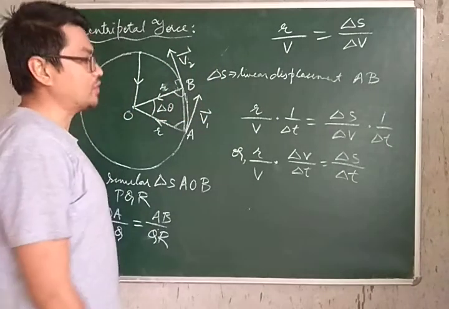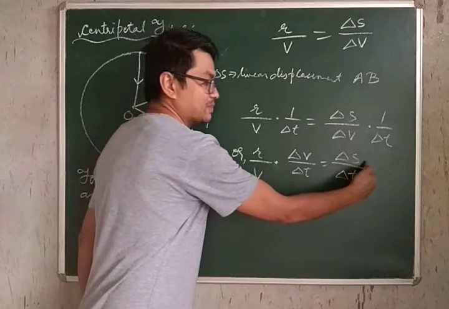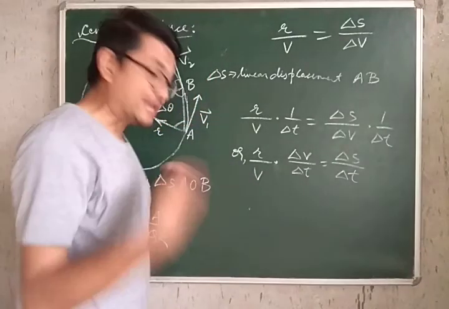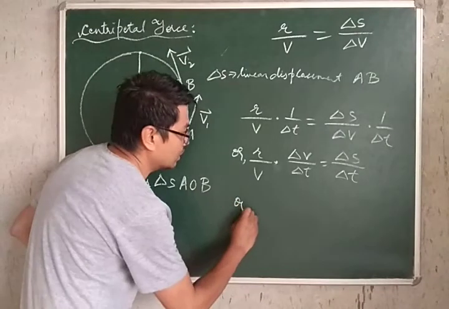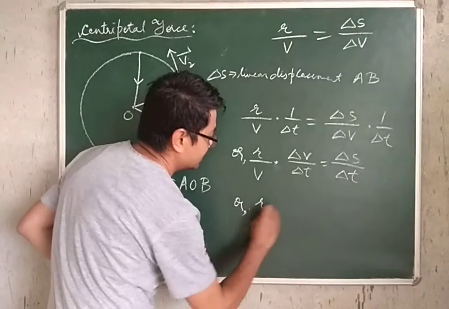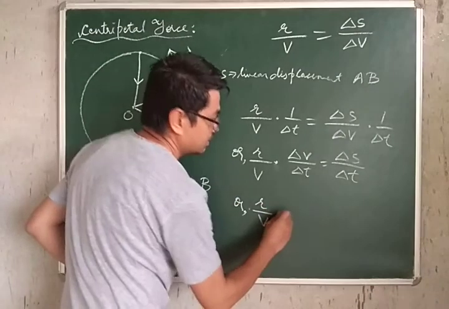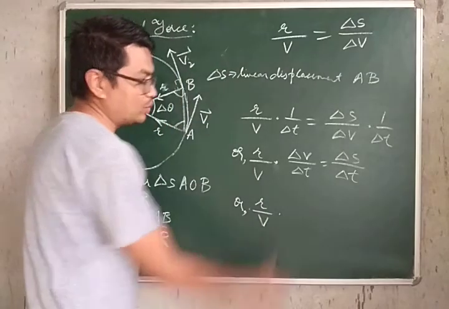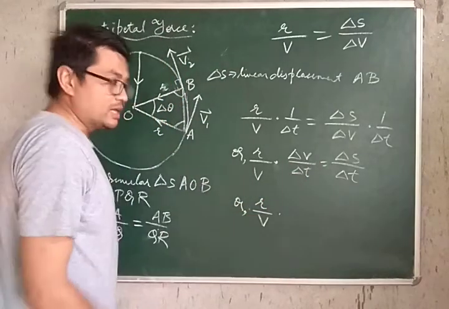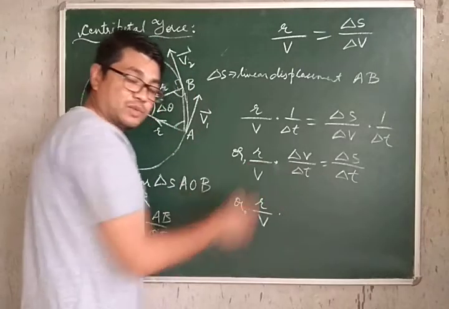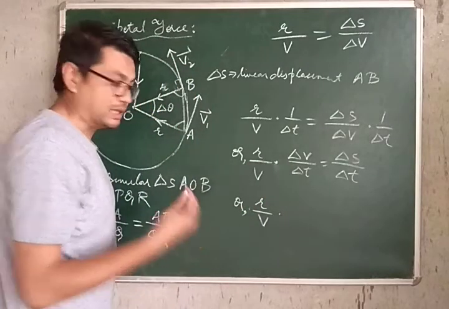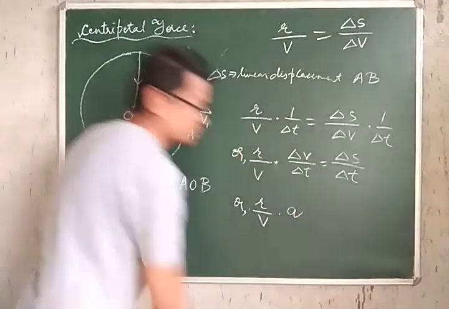It is the rate of change of linear displacement with time, and that is equal to the linear velocity V. And R by V into, what is delta V by delta t? It is the rate of change of velocity with time, and rate of change of velocity with time is the acceleration.